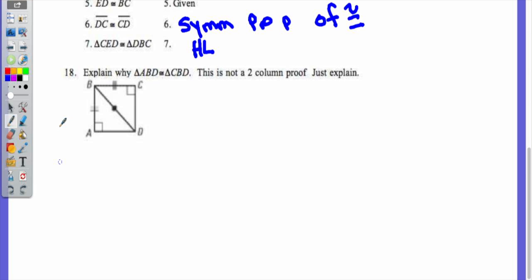Are these two right triangles? So ideally, I'd like to use hypotenuse leg. Do they have one set of congruent legs? Is BD the shared side on both of them? And BD is the hypotenuse for both of those, right? So that's congruent. So therefore, I am going to use hypotenuse leg. Okay?